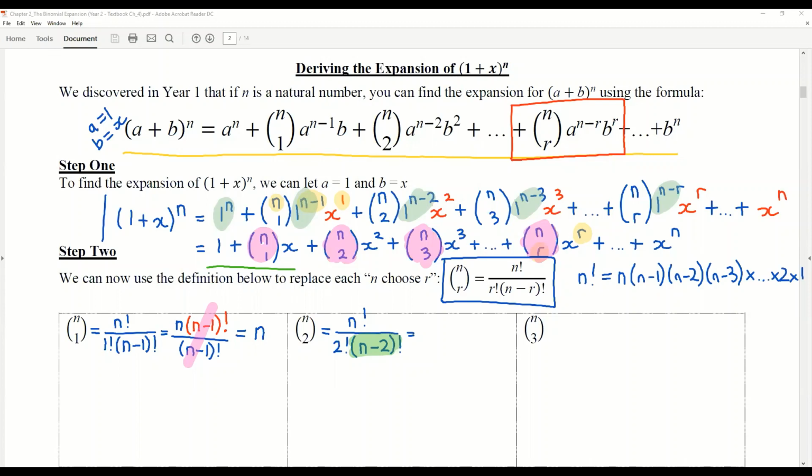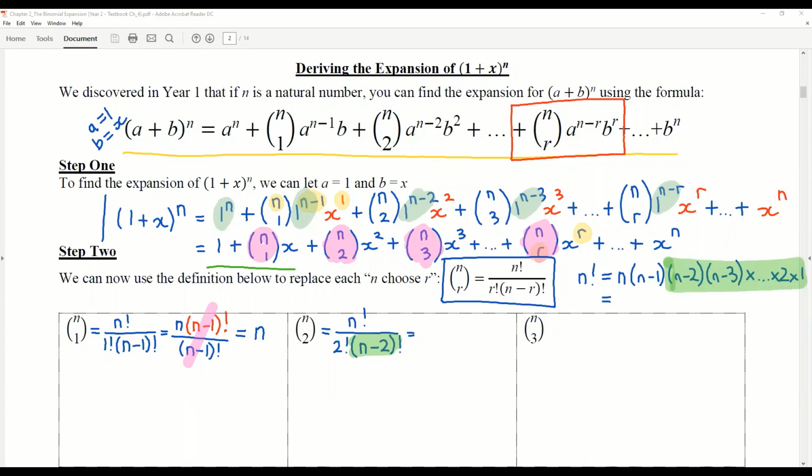So in other words, n subtract 2 factorial is built in to n factorial. Okay? It's right here. It's staring at us. This is n subtract 2 factorial here. So I can rewrite n factorial with n minus 2 factorial in it.